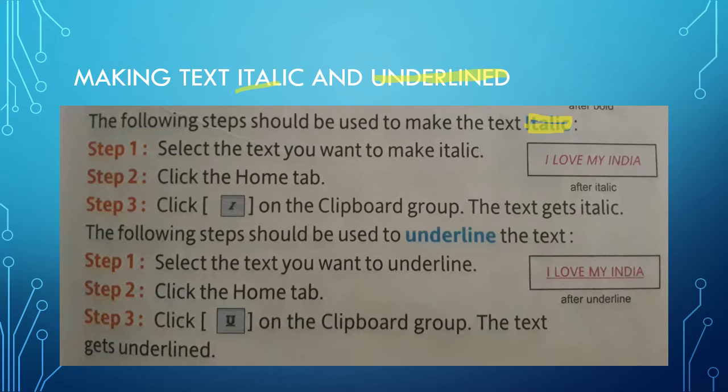Then again click on the Home tab, and after clicking on the Home tab, click on this option. This is the italic option where I is written in italic form. Click this I option from the Clipboard group. The text becomes italic. See, after italic it will look like this.